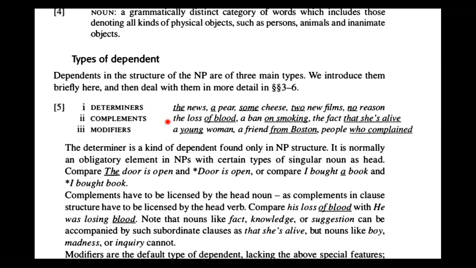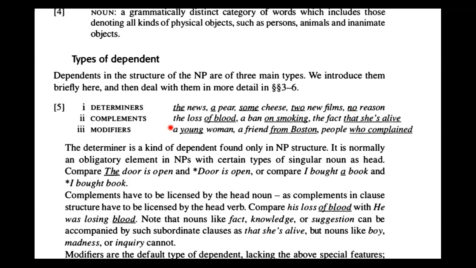For example, complements: the loss of blood. So of blood is the complement of the loss. A ban on smoking, ban meaning prohibition of smoking. The fact that she's alive. So that she's alive here is a complement, which is a subordinate clause, because we use that, which is a subordinator.